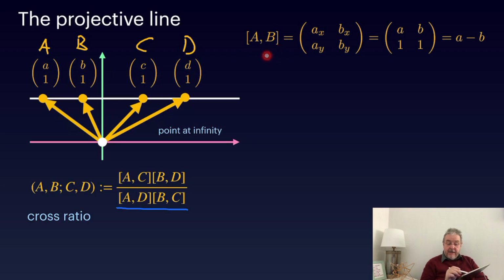If you calculate this determinant here, it's nothing else than a difference between the 2 point coordinates, which is nothing else than the oriented length between these points. So this term here is really the same as we got in the embedded two-dimensional plane.